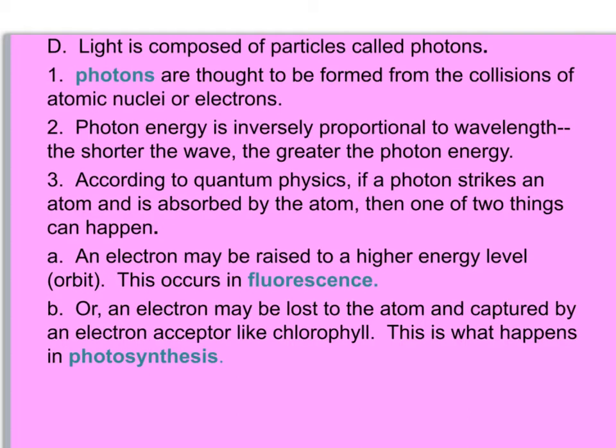So when we're talking about light, light is made up of particles called photons. In fact, all those things on the electromagnetic spectrum are made up of photons. Photons are not like atoms or cells. They're different. They're thought to be formed from collisions of atomic nuclei or even electrons.